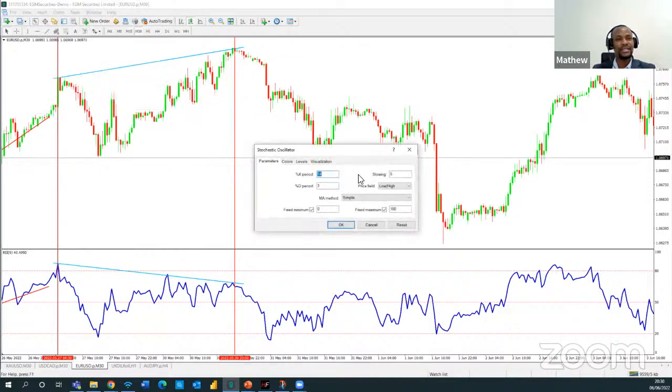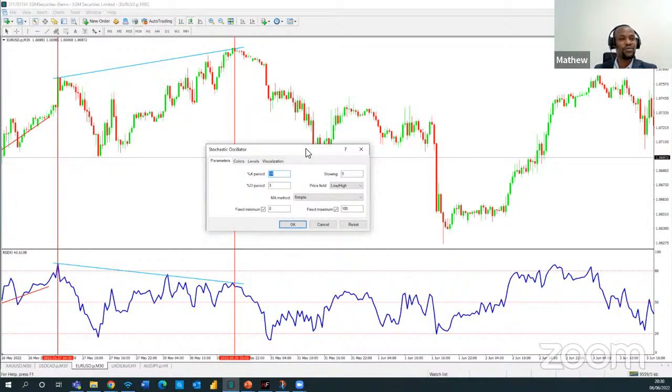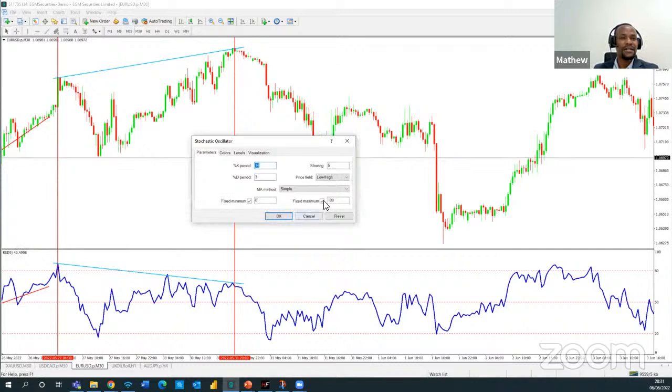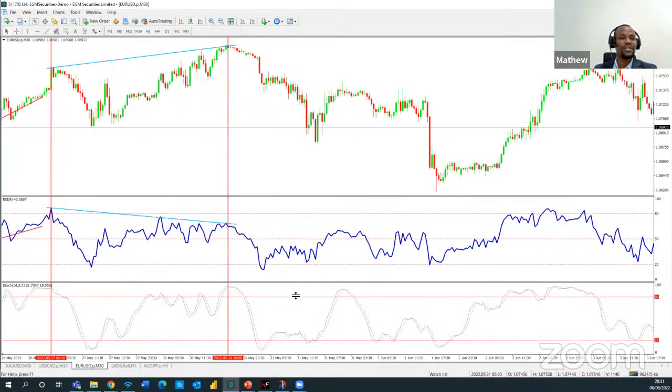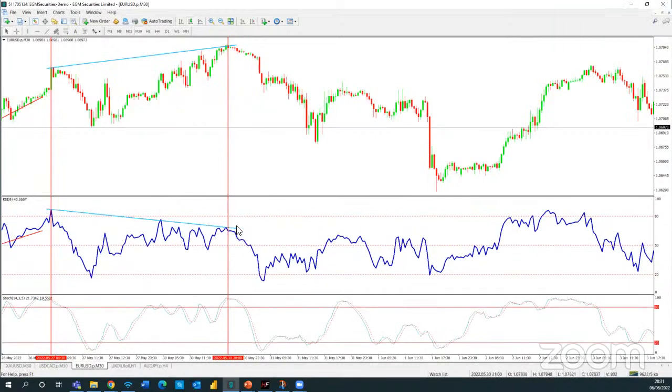Once I select it with the settings that you want to use, I set the visualization. I want to add onto the other indicator, but this one seems not to show. So if I click OK, I can see it differently.